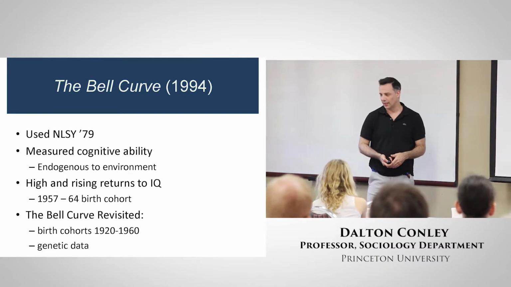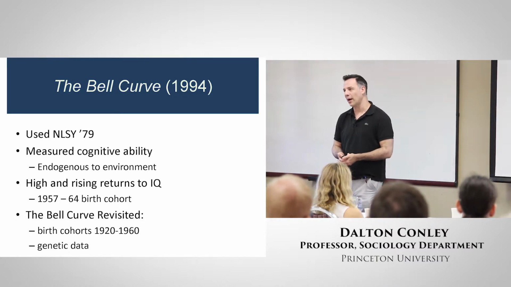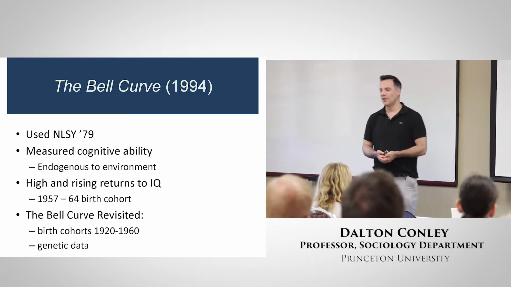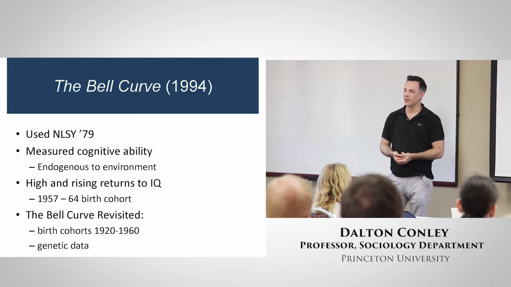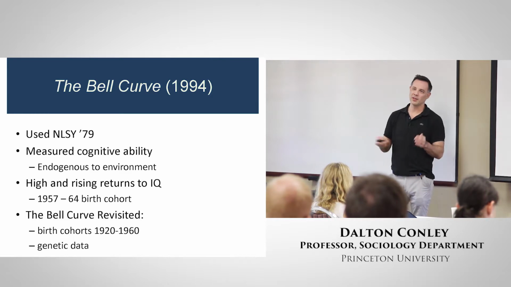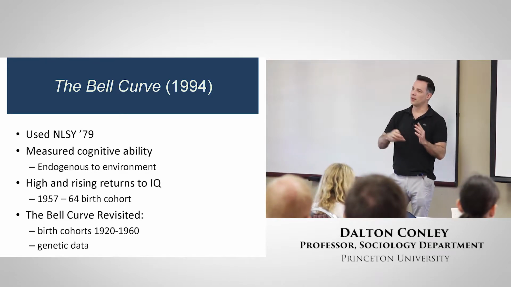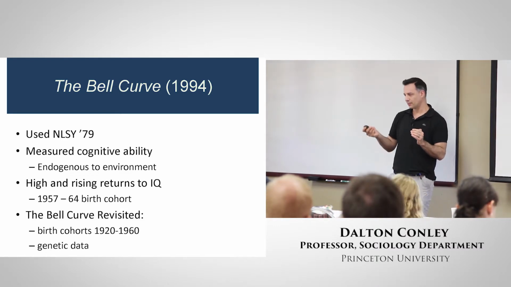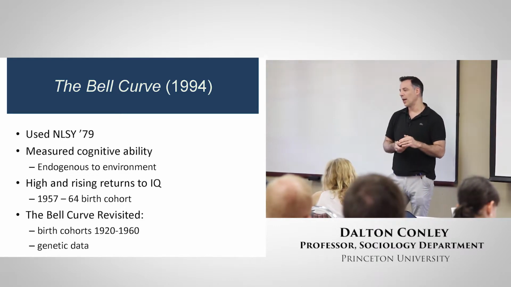Yeah. Okay. So they used the NLSY79 with a very narrow window of birth cohorts from 57 to 64, yet even within a 7-year window they made this sweeping historical argument that the returns to IQ have increased dramatically in the 20th century.